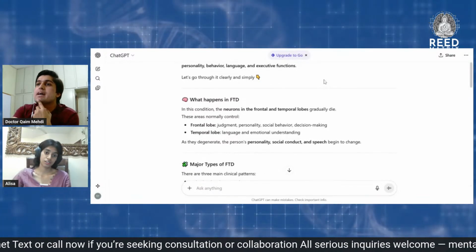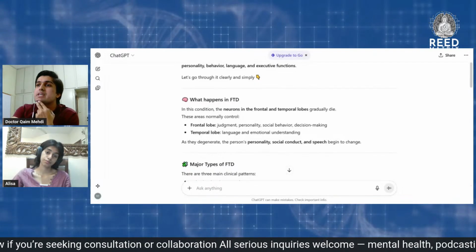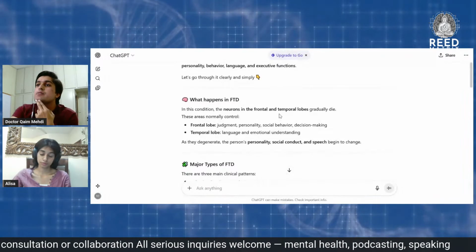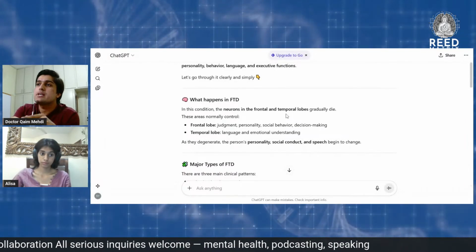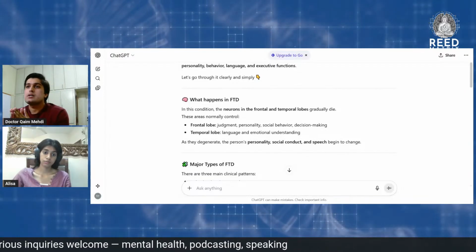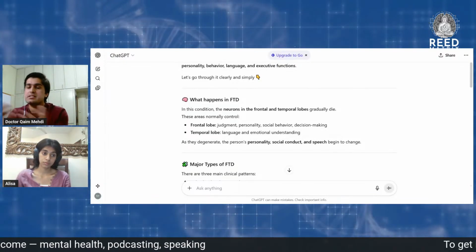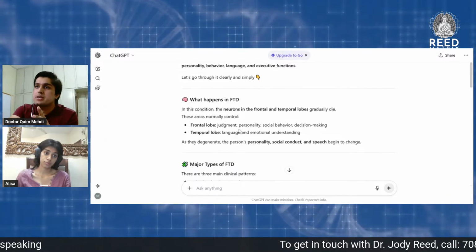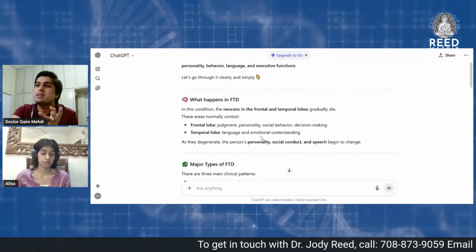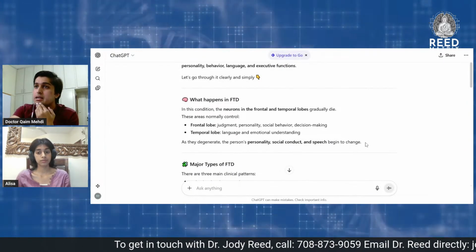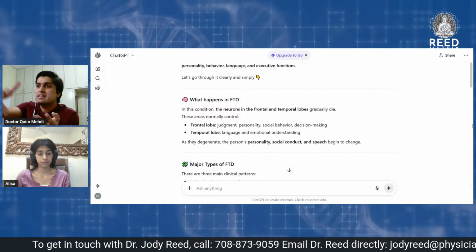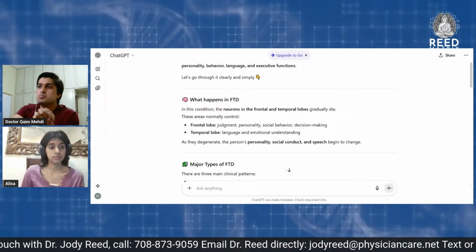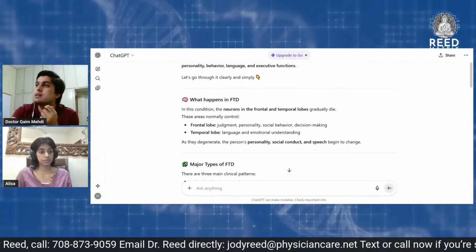So what happens in frontotemporal dementia? Neurons in the frontal and temporal lobes gradually die. These areas normally control, like I told you before, judgment, personality, social behavior, decision making, language, and emotional understanding. So as they degenerate, these are all the characteristics which get affected.